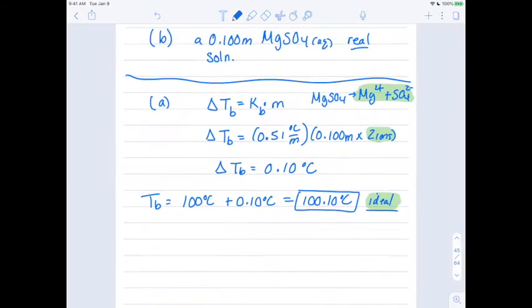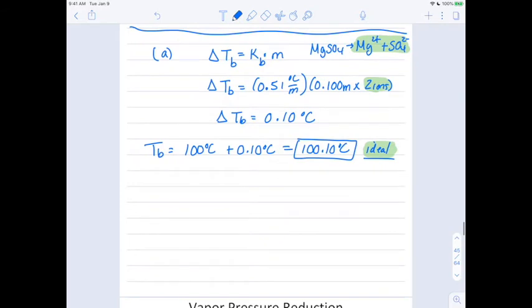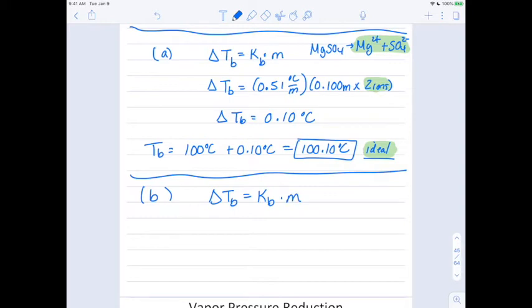Now what I want to do is look at the real situation. So we're still going to start with the change in boiling equals Kb times the molality. I'm still going to fill in here Kb, 0.51 degrees Celsius per molal.